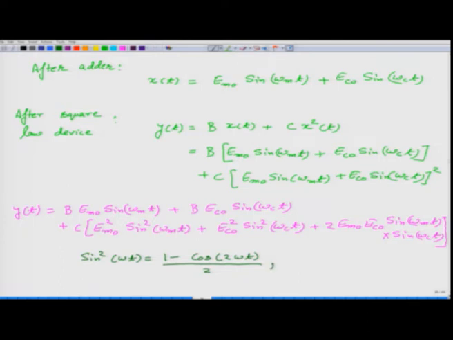The second substitution is that sine x sine y is equal to half of cos of (x minus y) minus cos of (x plus y). We are going to use these two substitutions to simplify y(t). Let us see what we get.